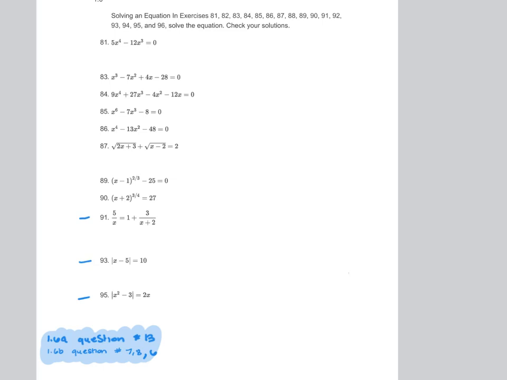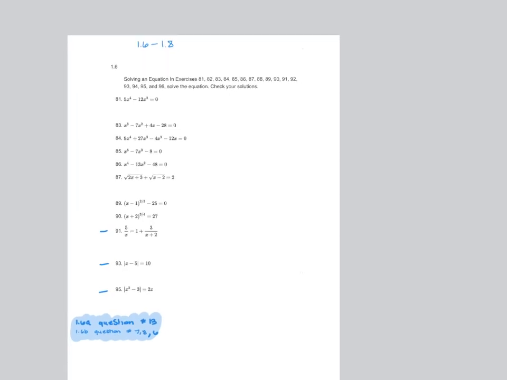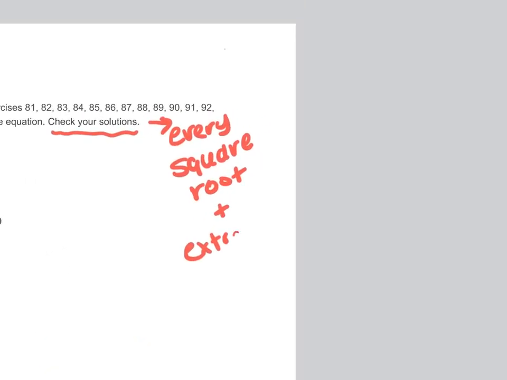Remember absolute value, well, you want to take that absolute value out, get rid of the absolute value and set it equal to the positive and the negative version of those things. A big note for you on the square roots is you need to check every square root and extraneous roots on rational, meaning the fractions.